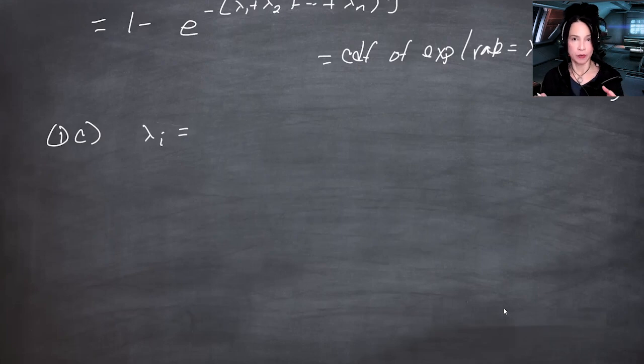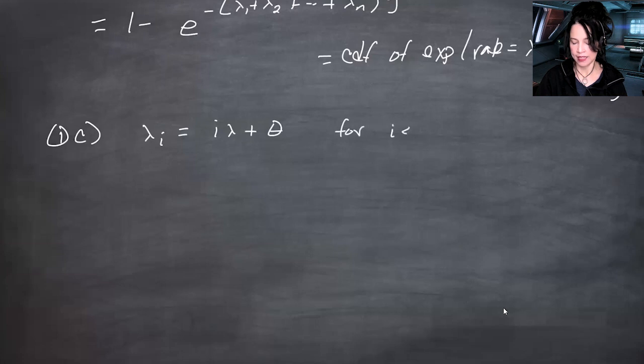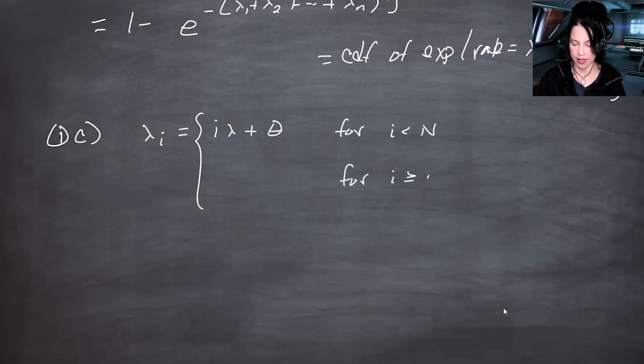So the minimum of an exponential with rate I lambda and an exponential with rate theta is exponential with rate I lambda plus theta, and that holds for I less than n. And then when I is greater than or equal to n, we just have the I lambda. There's no immigration.